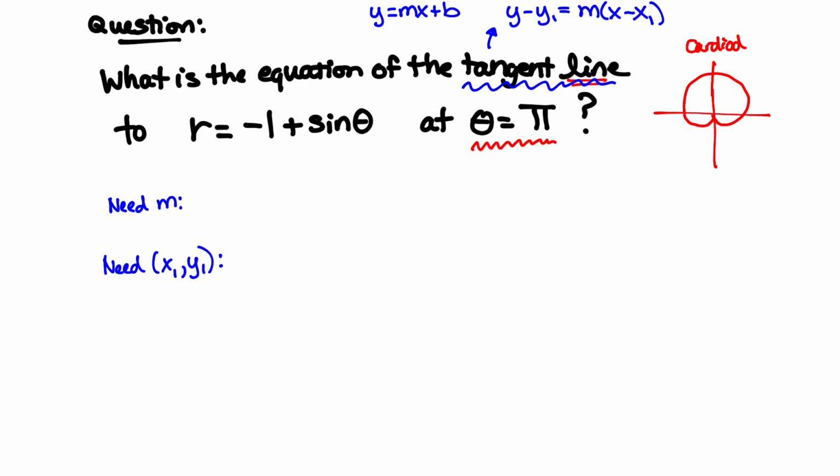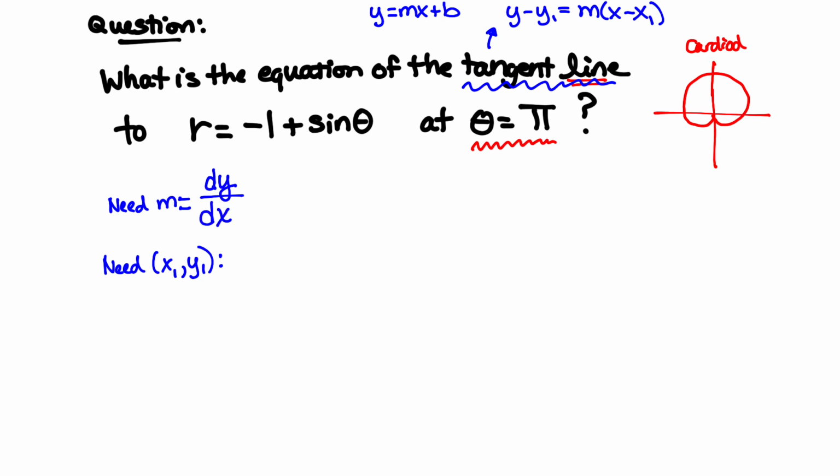It's the derivative. Thank you, Ben. Specifically, if we're doing x's and y's, how can we write the derivative? It would be the derivative of y with respect to x.